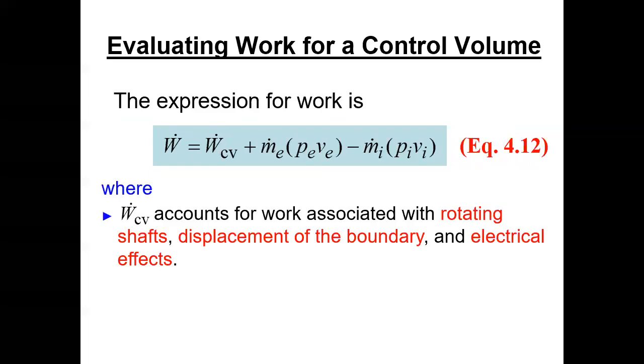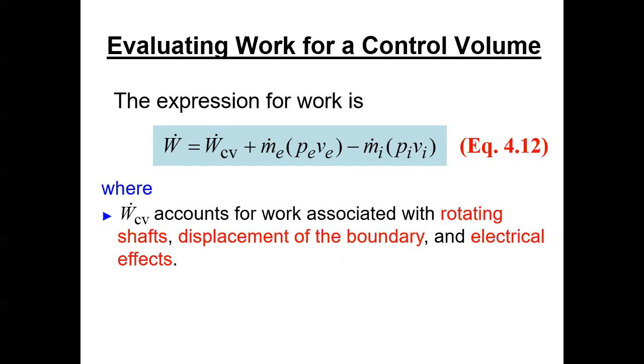Okay. And so I think we've got it pretty well defined, but all the rotating shafts, electricity, and all that stuff is in W dot CV, and the M dot E, PE, VE, then that's the little v now, is specific volume.